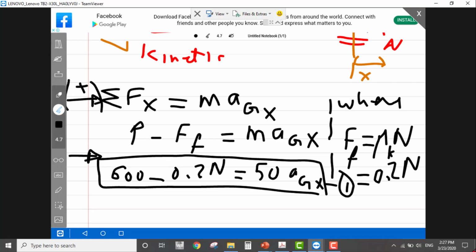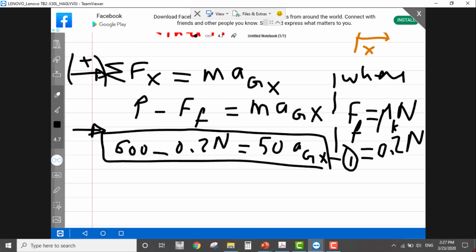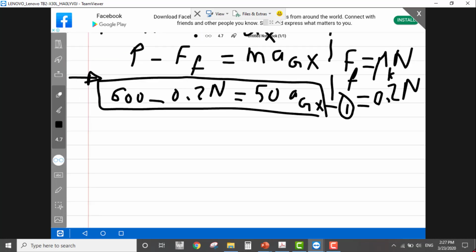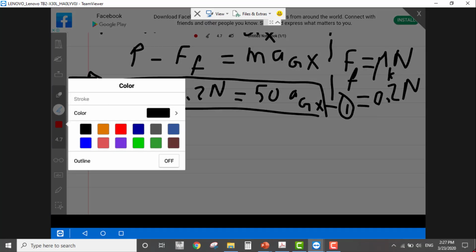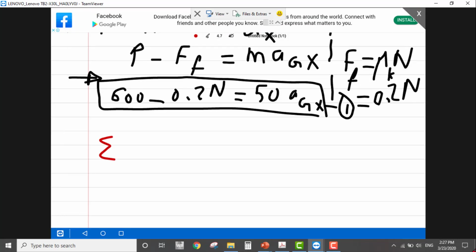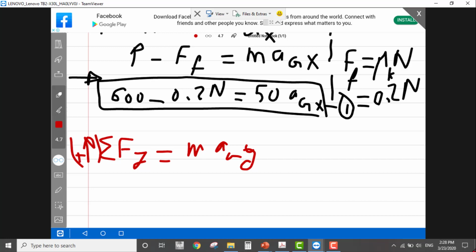This equation has two unknowns. Let us see another equation. So summation of force in the y direction, and here is the positive direction for this assumption. This is equal to mass multiplied by a_G in the y direction. But the crate translates horizontally. Do we have acceleration in the y-axis?